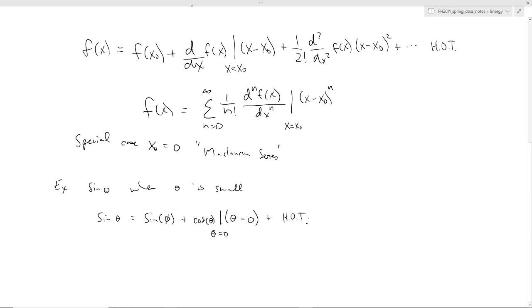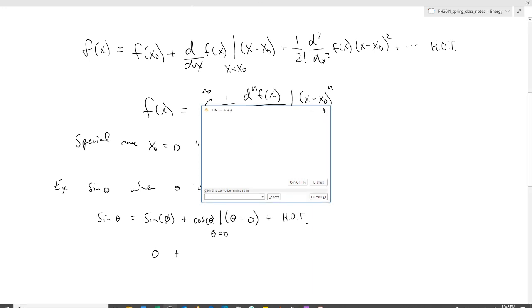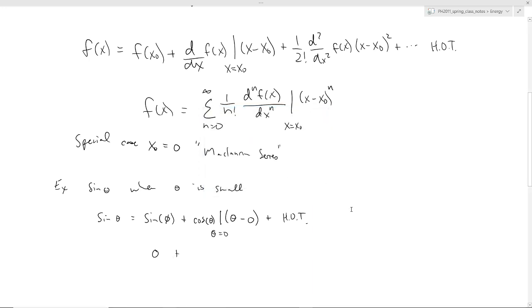So what does this look like? Well, sine of 0 will give you 0, plus cosine of theta when theta equals 0 would give you 1, times theta minus 0, so times theta.